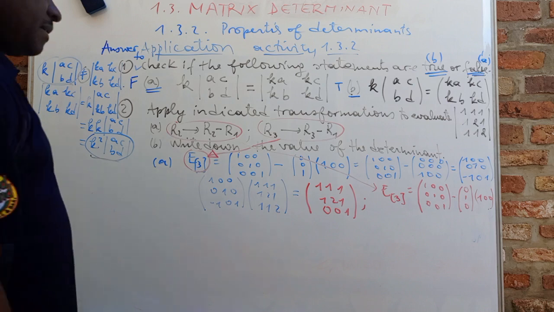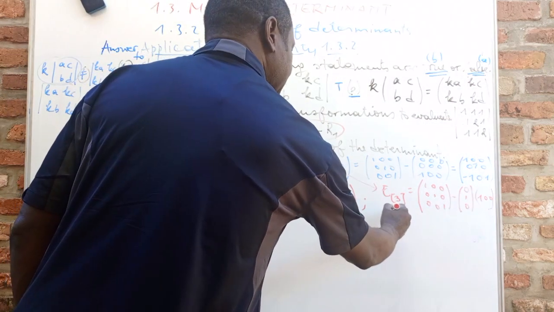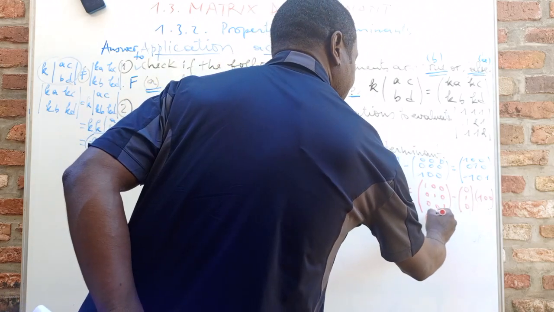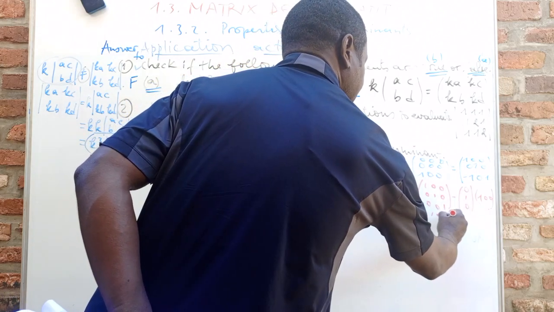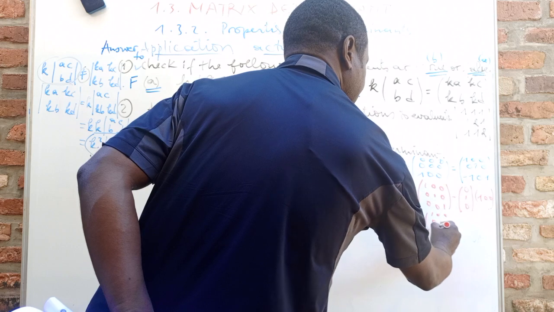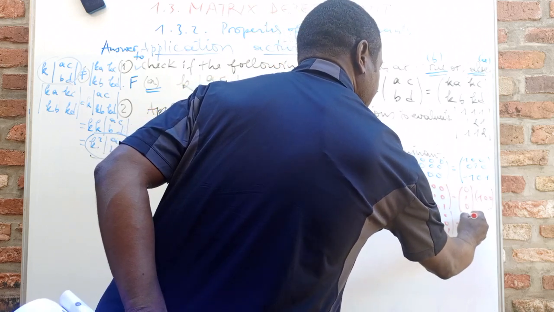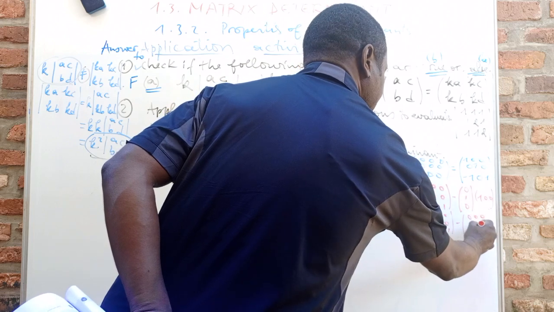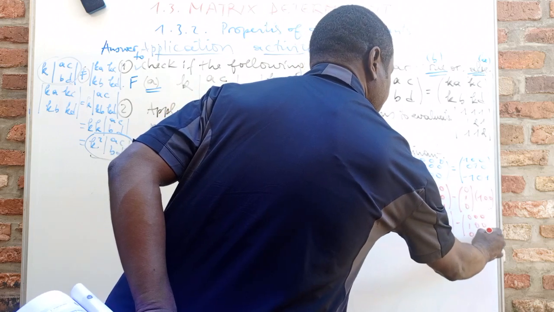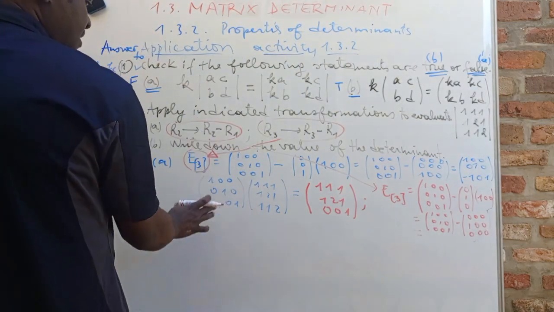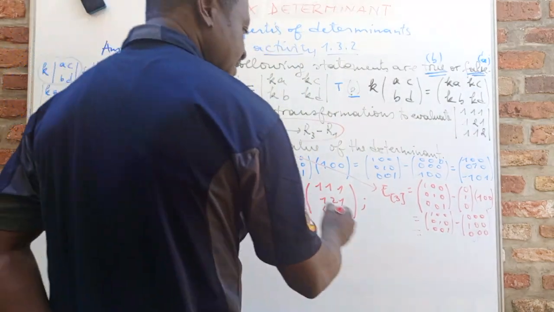So now what we have is this: 1 0 0, 0 1 0, 0 1 0, so minus now 0 0 0, 1 0 0, 0 0 0. Okay, that is this first transformation. This is the second transformation.